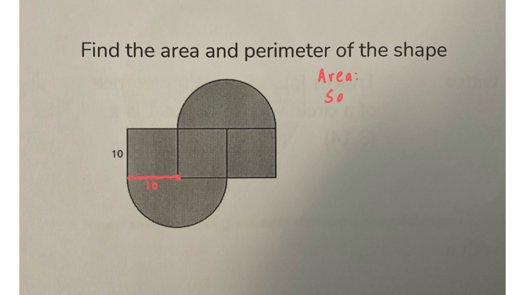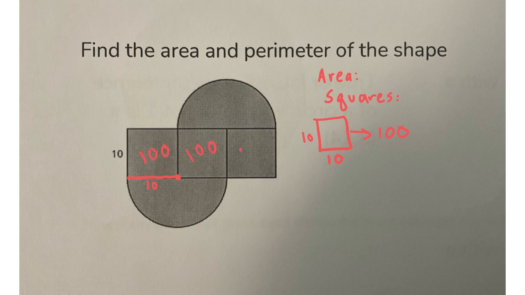So first I'm going to find the area of each of the squares. If we have a square and its sides are 10 and 10, to find the area, we just multiply those. 10 times 10 is 100. So I have 3 squares.